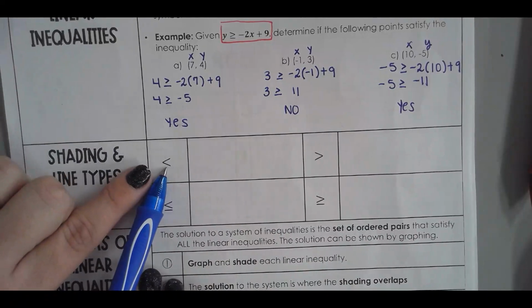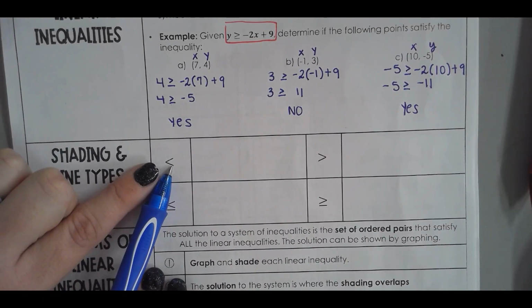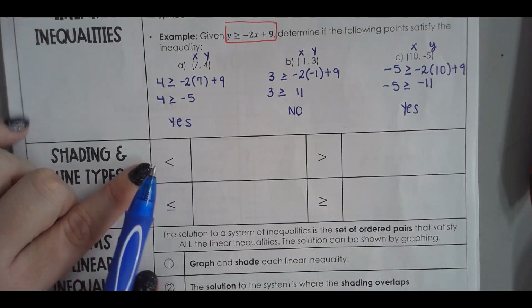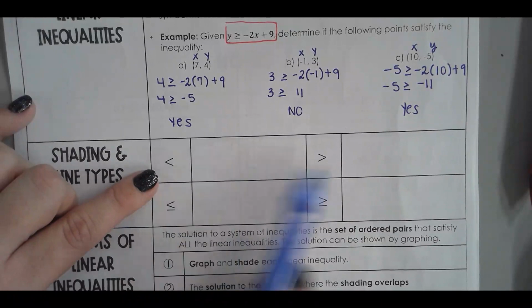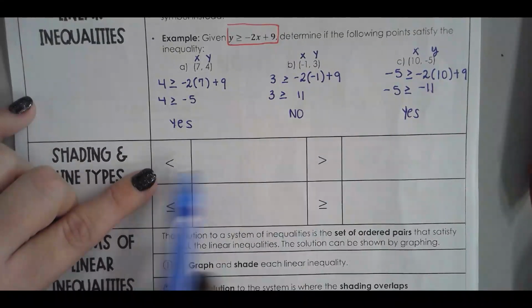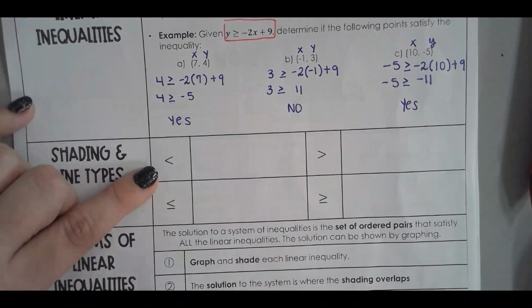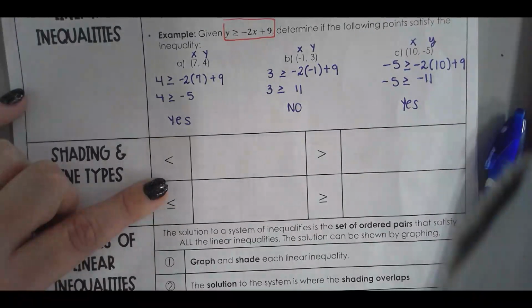So this symbol right here is a less than symbol. Notice it does not have the equal to part. Neither one of these do. When your symbol does not have the equal to part, we do a dashed line.